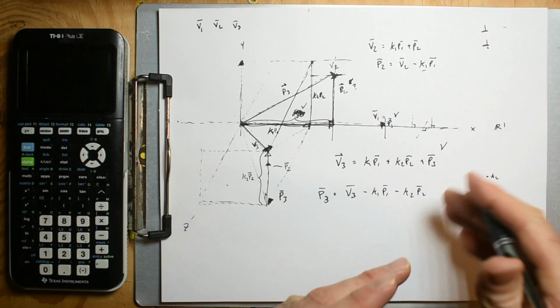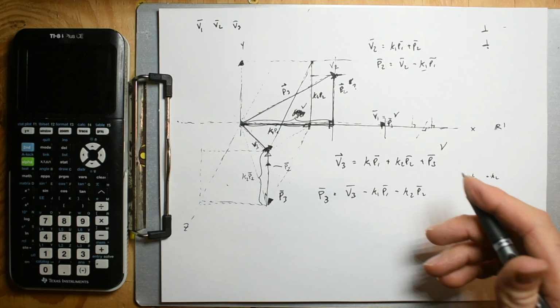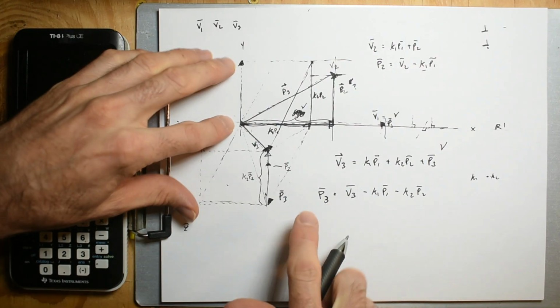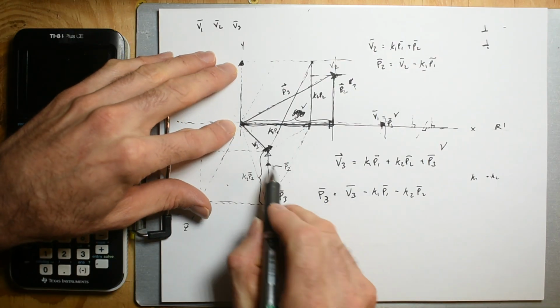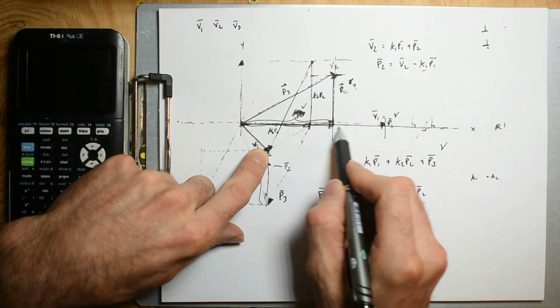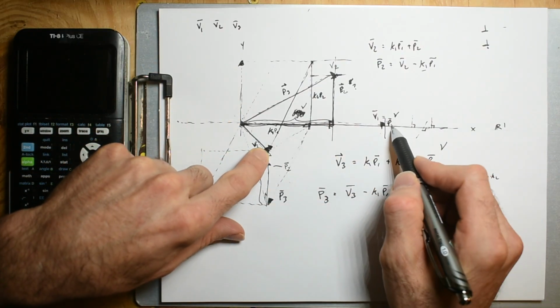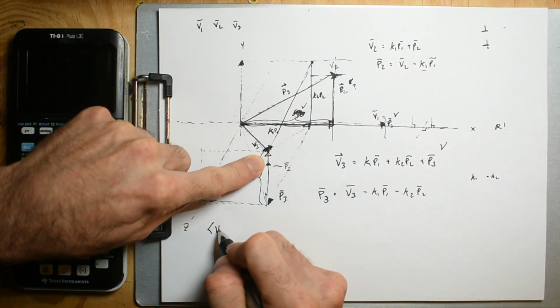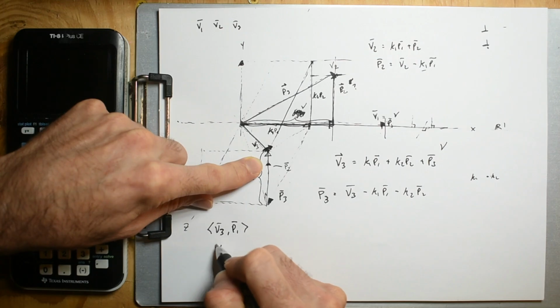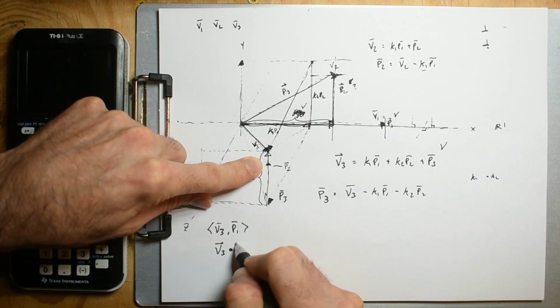But we do use the dot product. And I only have 3 minutes, so we're just going to go for it. We're going to take the dot product of V3 with P1. So we're going to do the dot product V3, P1. We write it like this. You might be more familiar with it like that.